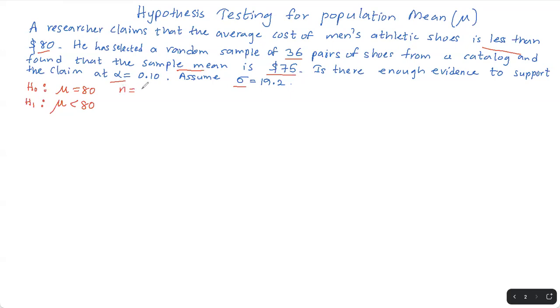Let's look at some information here. The sample size equals 36, the sample mean x bar equals 75, and the standard deviation of the population is 19.2. So this is known, so we can use z-scores.